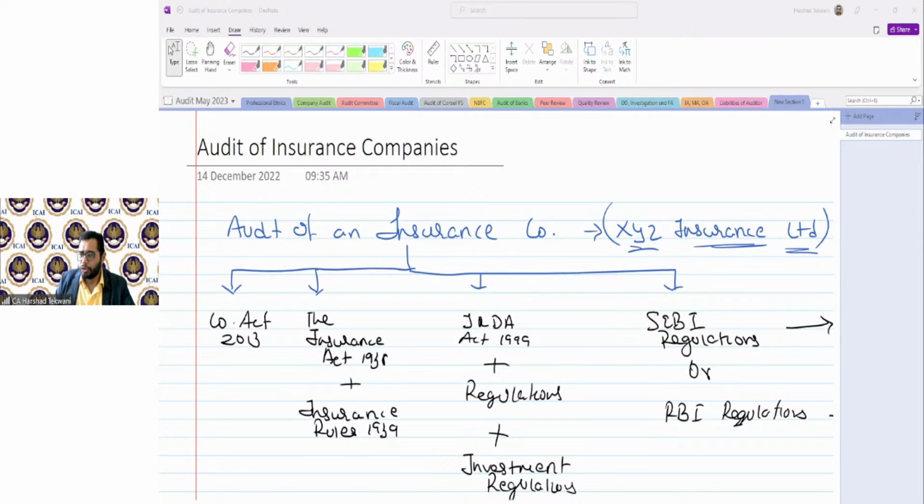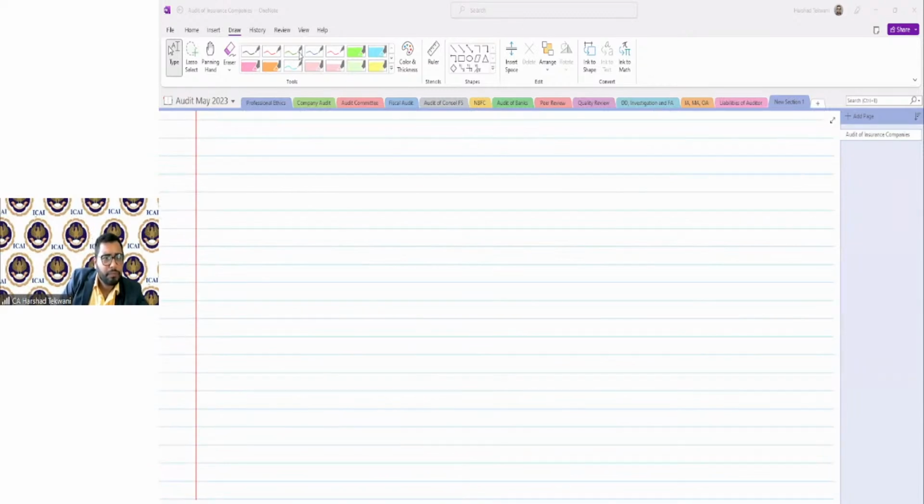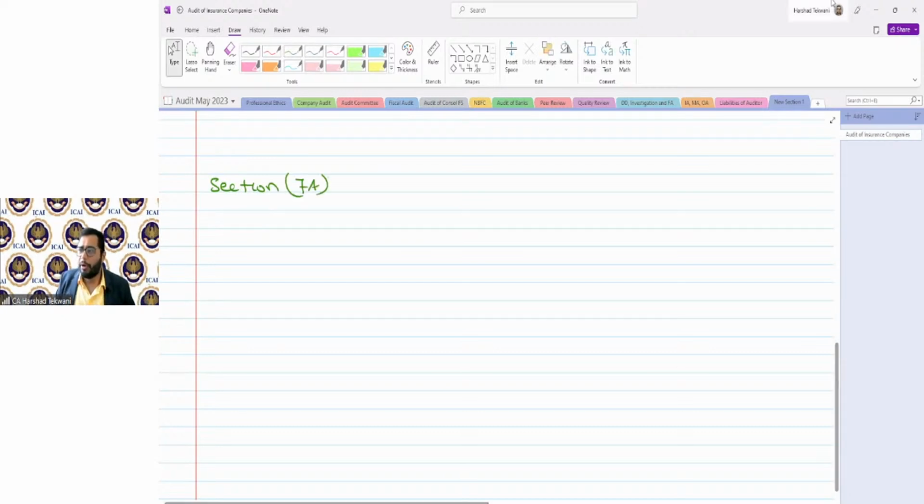Okay, so the insurance company is defined under section 2, and different types of businesses are also defined under section 2 of the Insurance Act. But I'll first of all take an Indian insurance company. Section 7A talks about the Indian insurance company.